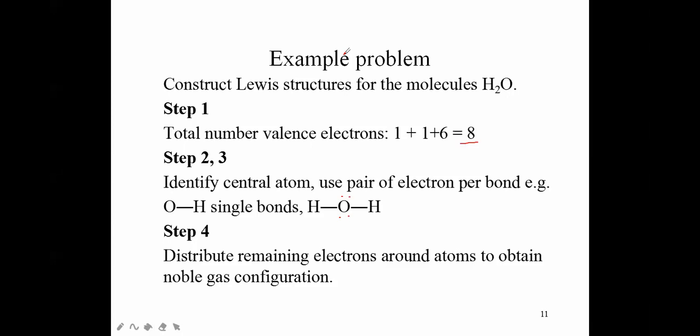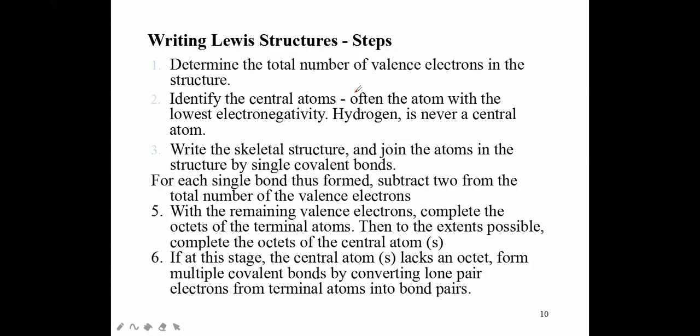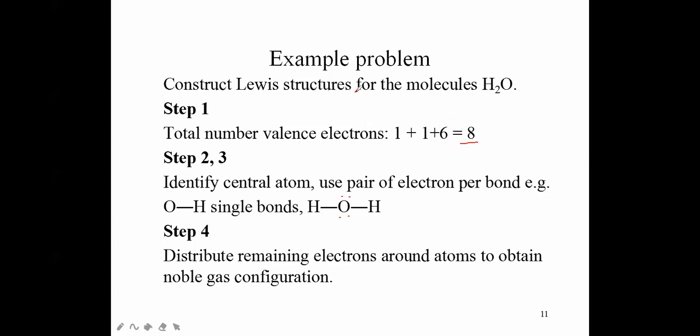So the central atom is the one with the least, the lowest electronegativity. Okay. So whenever you're given a molecule, for example, water or carbon dioxide, you look at the electronegativity, or you look at the atom which requires the most stability, or which one is most likely to gain more electrons.